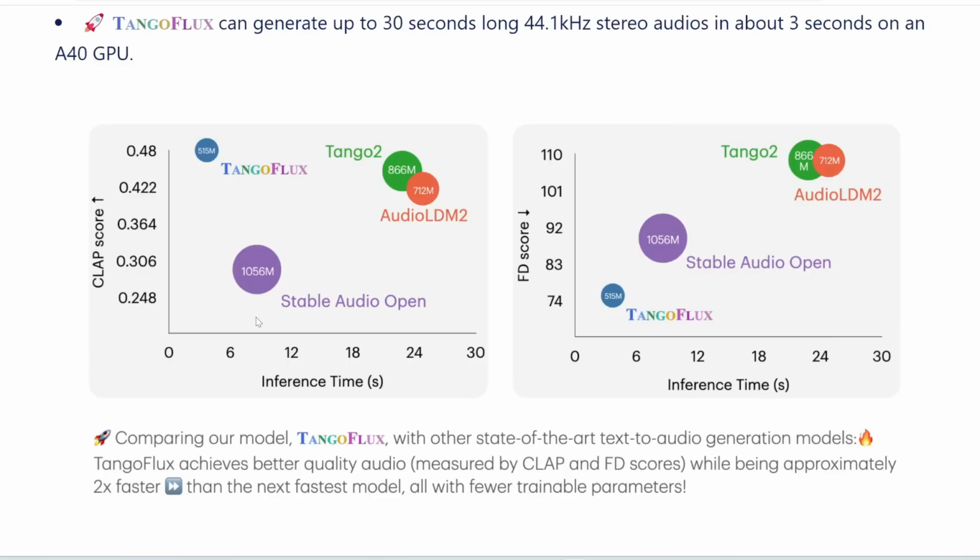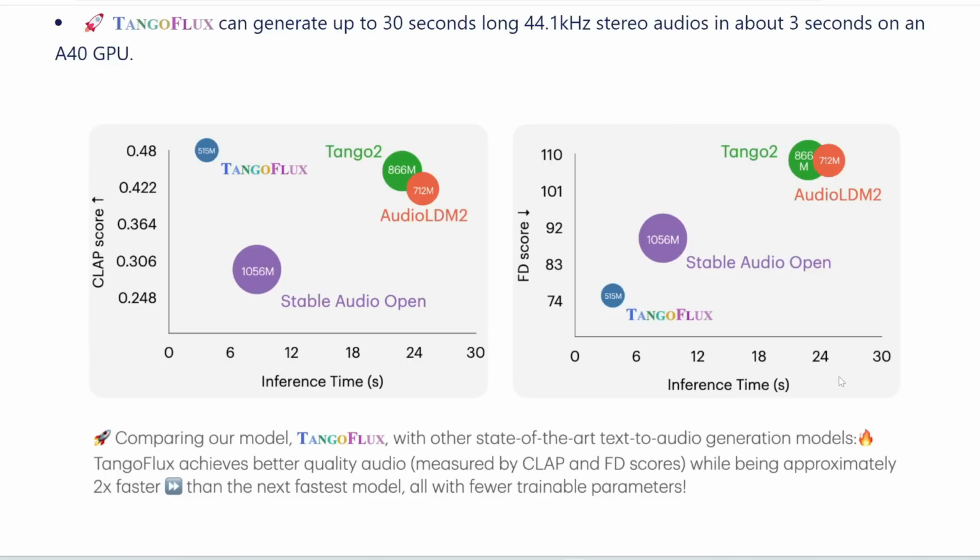By the way, here are some technical specs of TangoFlux. It can generate audio clips of up to 30 seconds long, plus this is super efficient. So if you compare the inference time, or basically the amount of time it takes to generate an audio clip, with other text-to-audio generators like Stable Audio Diffusion or AudioLDM2, note that TangoFlux is by far the fastest at generating audio clips.